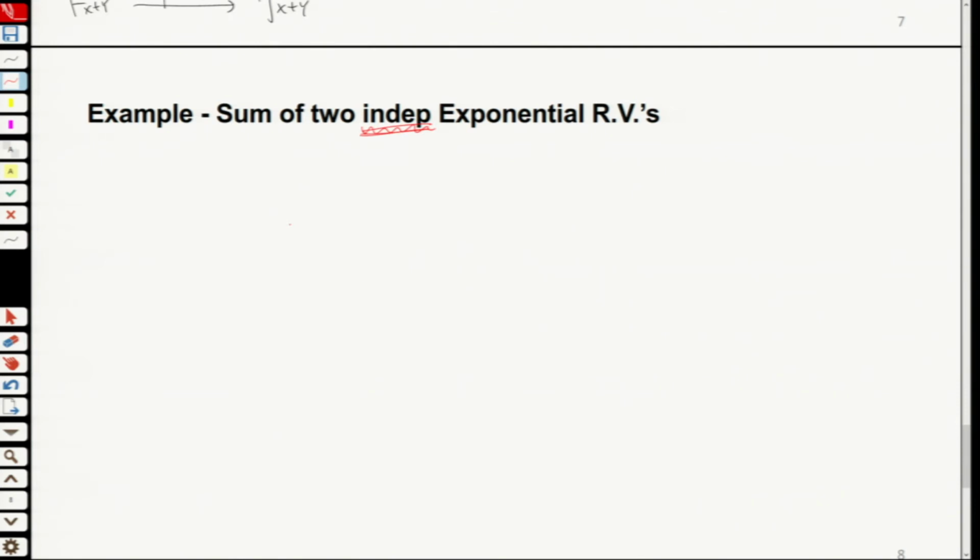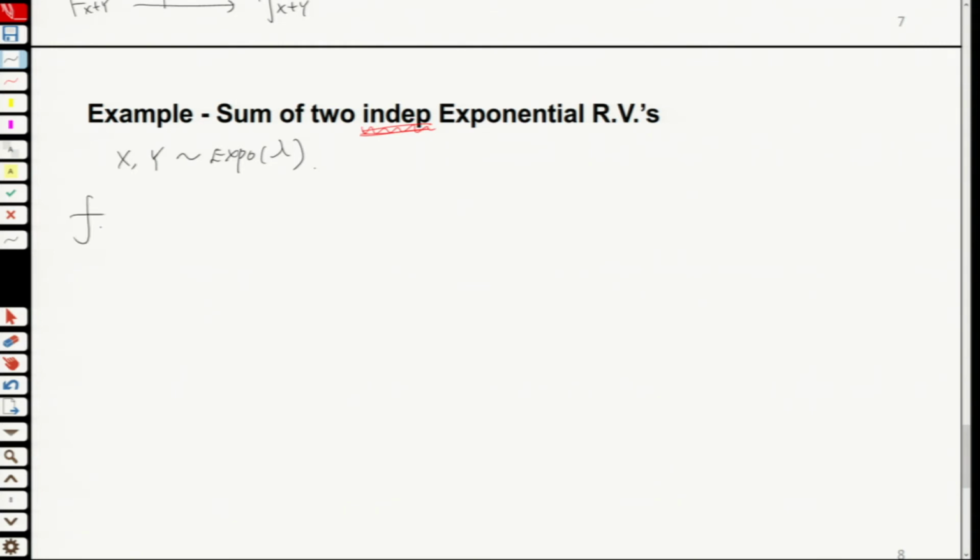We have two of them, and they are independent. Suppose x and y are both exponential with parameter lambda.